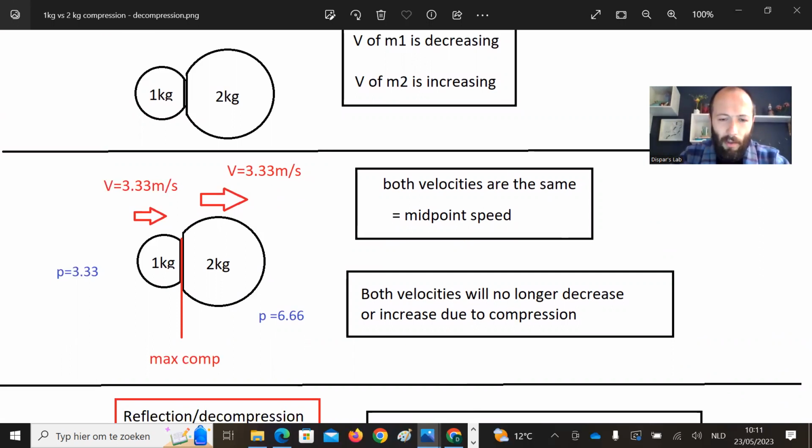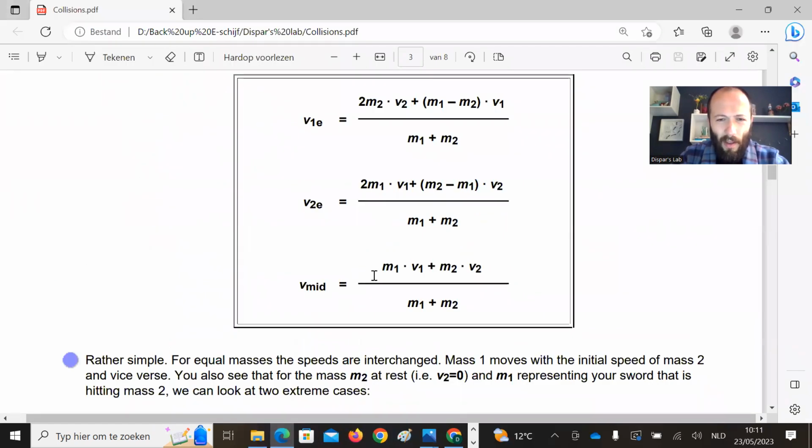So when we look at the equation, mass 1 times V1, mv, which is momentum. So you calculate the momentum of mass 1 before collision plus the momentum of mass 2 before collision, and you divide it by both masses summed up, mass 1 plus mass 2.